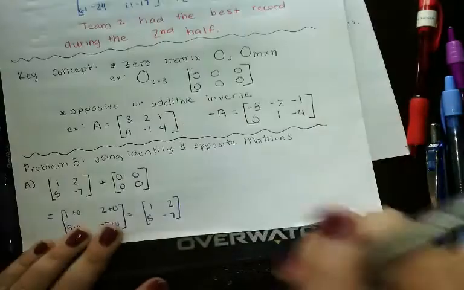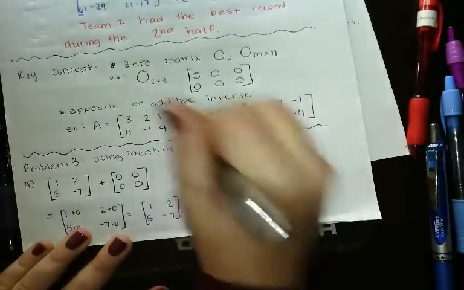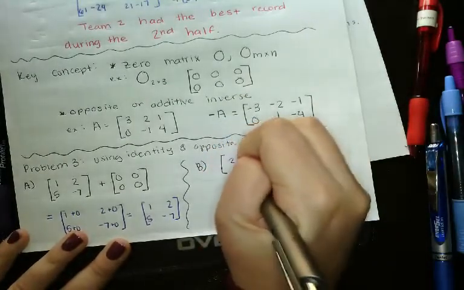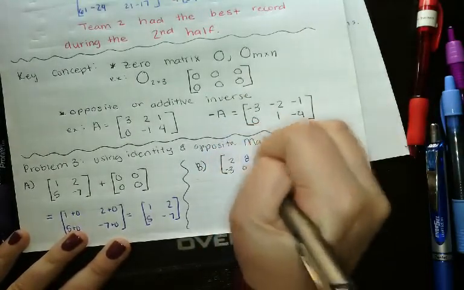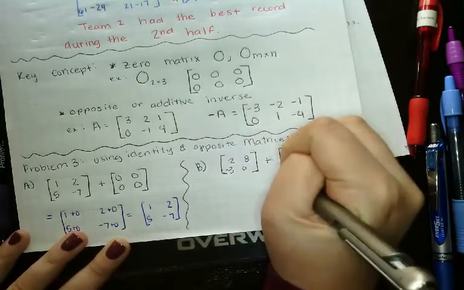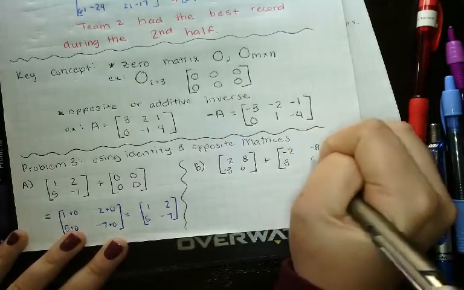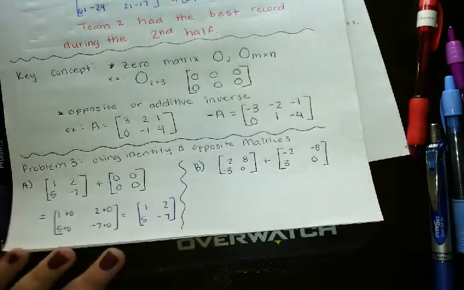All right, and then let's do B, where we're going to have 2, 8, negative 3, 0, plus the opposite, negative 2, negative 8, 3, 0. So we're going to add those together.